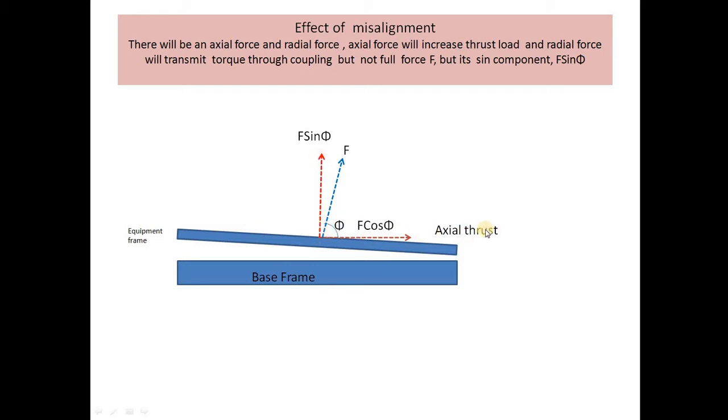One is the axial direction, another will go to the vertical direction. The axial direction will give thrust load and the radial direction will transmit the torque. But the force F is not fully transmitting to torque, only its sine component is transmitting to torque. That means full load is not transmitting. That's why misalignment is not advisable. We have to correct the misalignment.